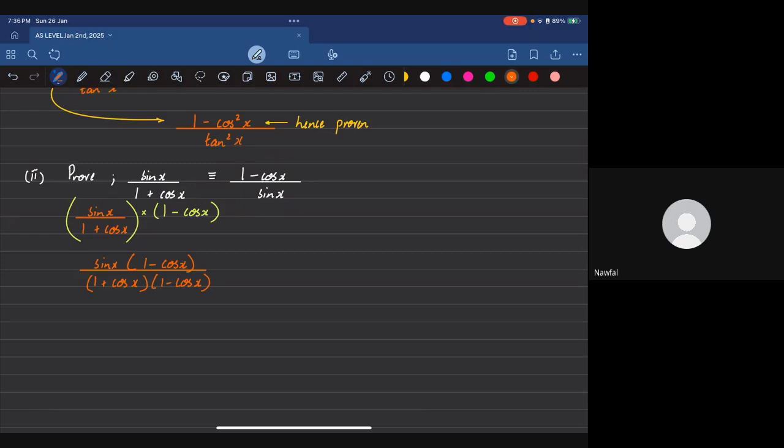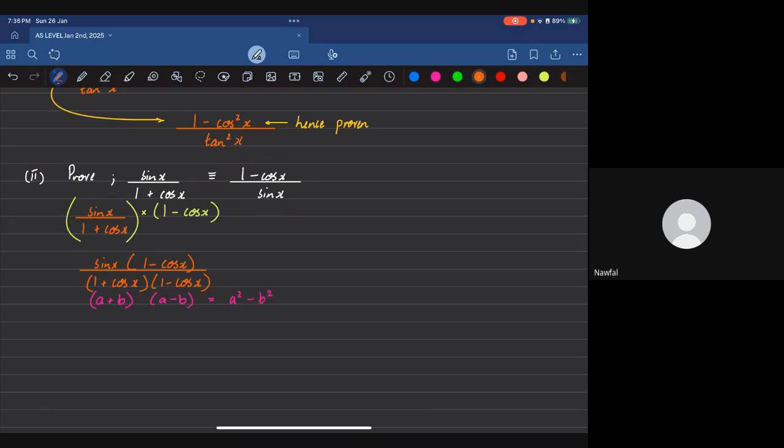One thing that you guys need to know is that this can be written down as what? What does this look like, guys? Doesn't it look like, if you notice it clearly, 1 plus cos x, 1 minus cos x, a lot like a plus b, a minus b? Yes. And therefore, because it looks like a plus b, a minus b being multiplied together, can I not simply write this as a square minus b square?